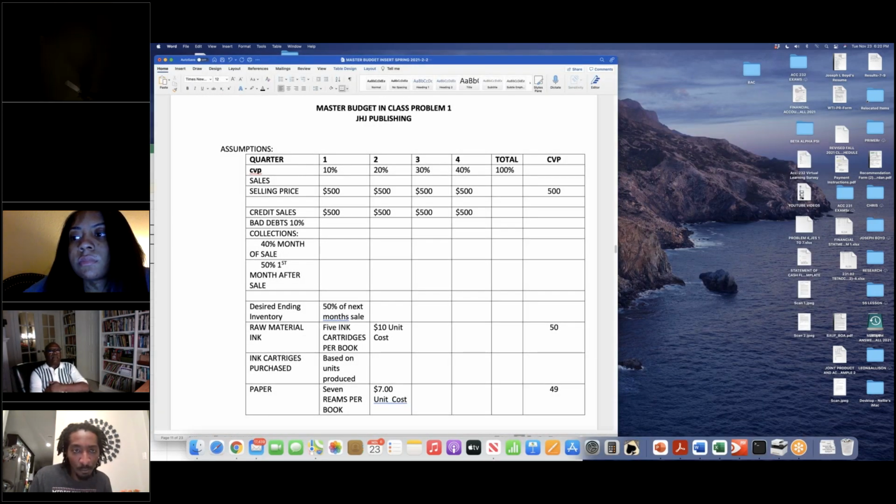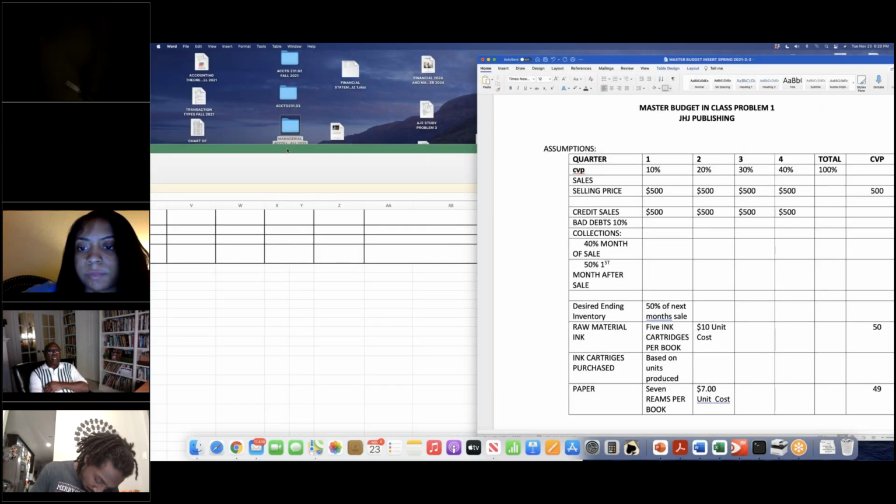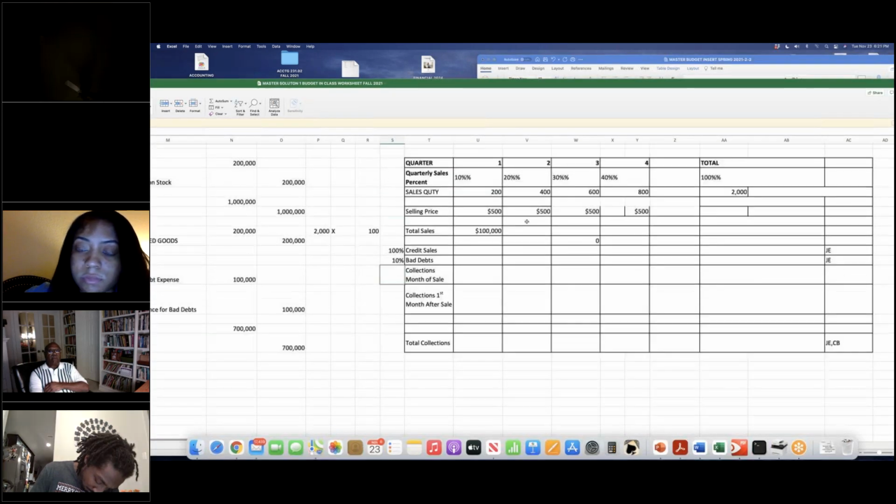It said we're getting 10, 20, 30, and 40 selling price. And so it was 10% bad debts, 40% the month of sale, 50% the month after sale. So we go where we were working.